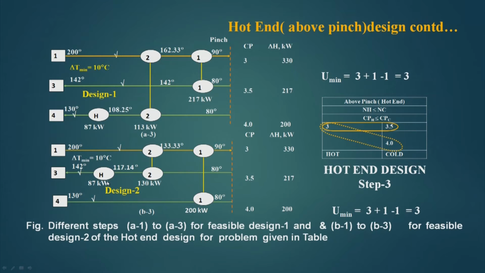Now, for design 2, we have seen that this was the stream which was not ticked off. So, you put a heater of 87 kilowatt here, it raises the temperature from 117.14 to 142. This can be calculated and checked. So, this stream is ticked off because 87 plus 130 is 217.